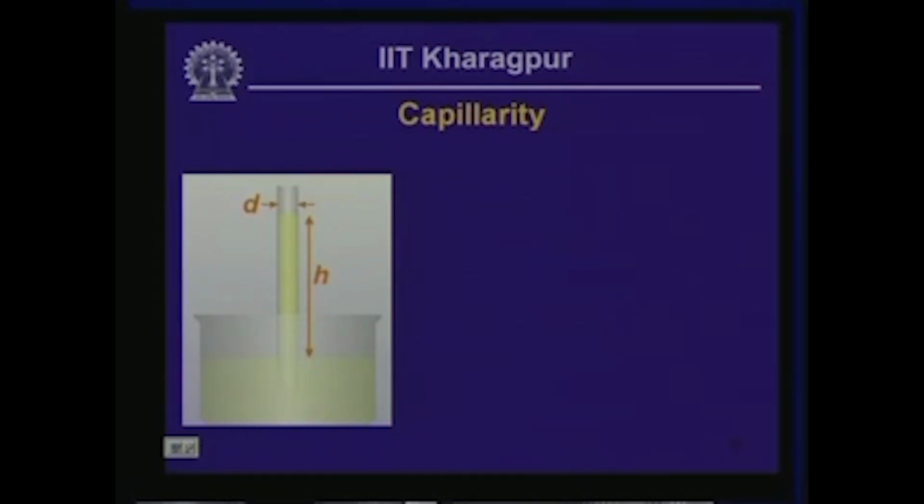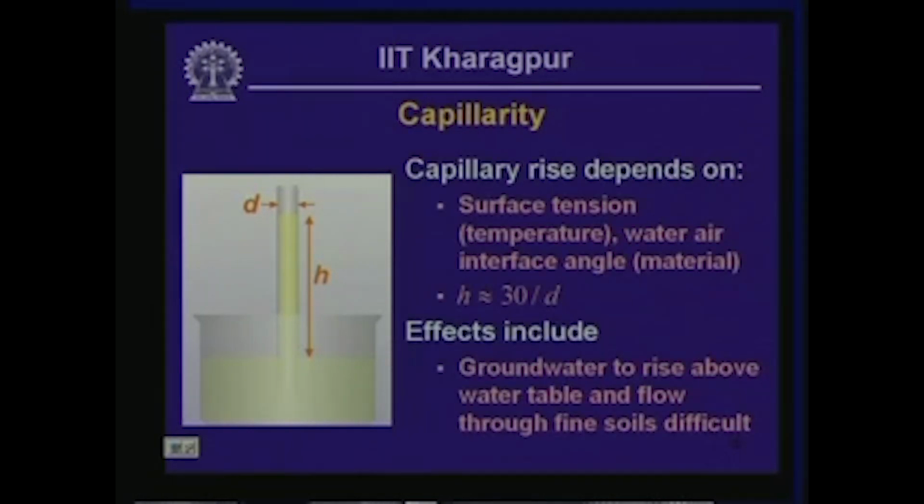The amount of rise of water is going to be controlled by several factors. One of them is the diameter of the tube, and the other factors depend on the property of the fluid and the interface between the fluid and the tube through which the fluid is being conducted.